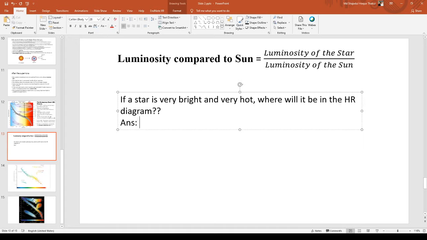What is your answer? Let me know in the comments, or just think of the answer. If a star is very bright and very hot, where will it be in the Hertzsprung-Russell diagram?